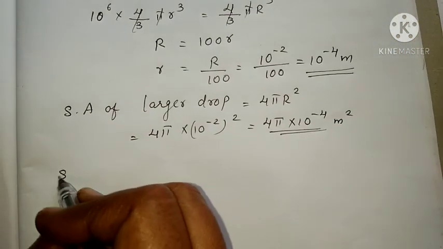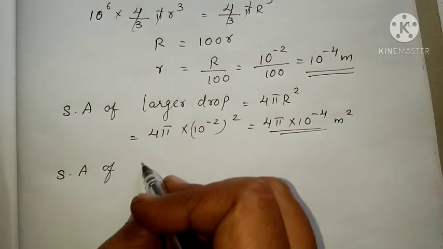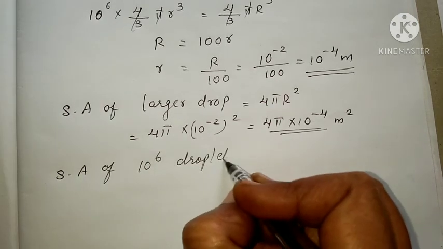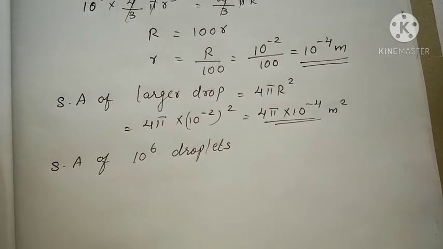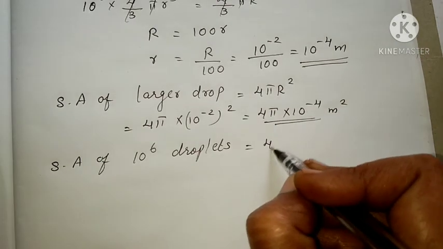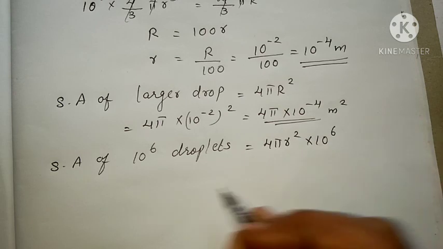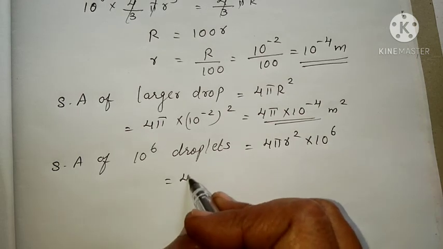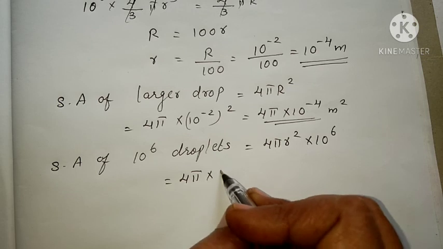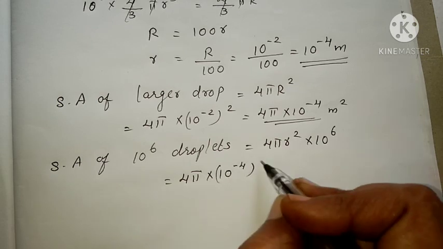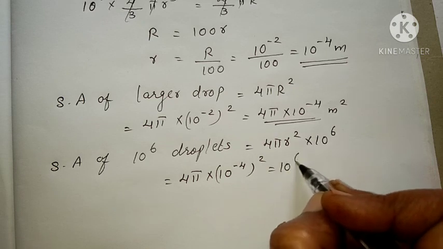Then surface area of 10 raised to 6 droplets, that is equal to 4 pi small r square into 10 raised to 6, that is equal to 4 pi into 10 raised to minus 4 the whole square into 10 raised to 6.